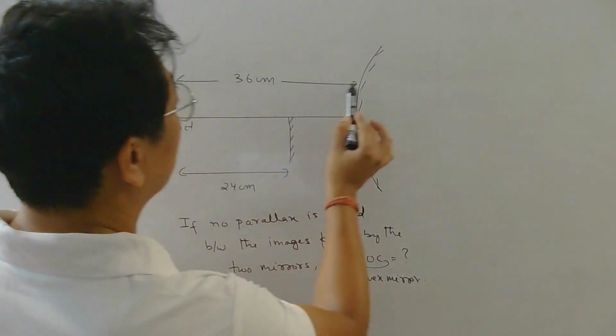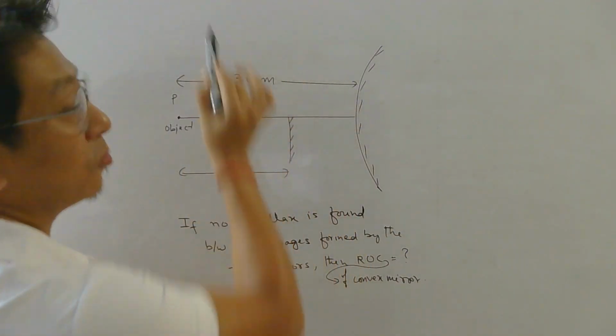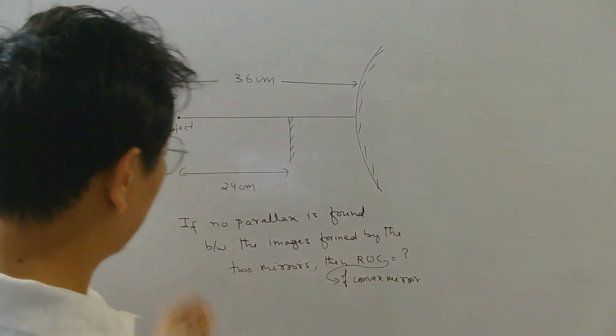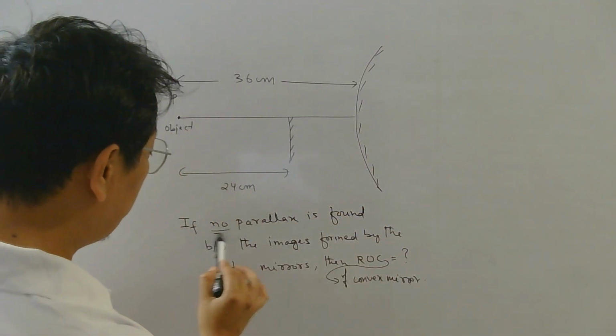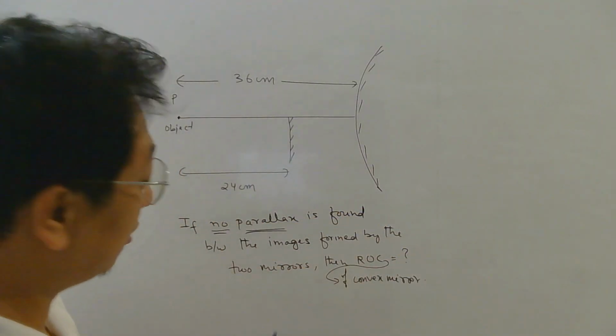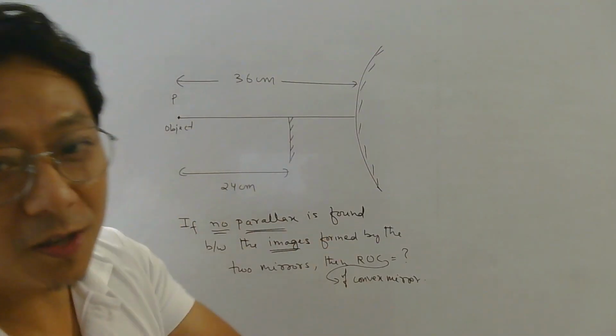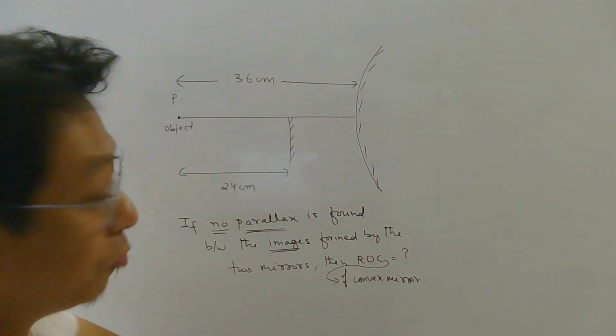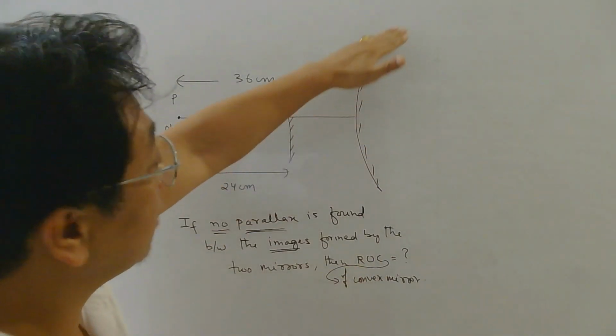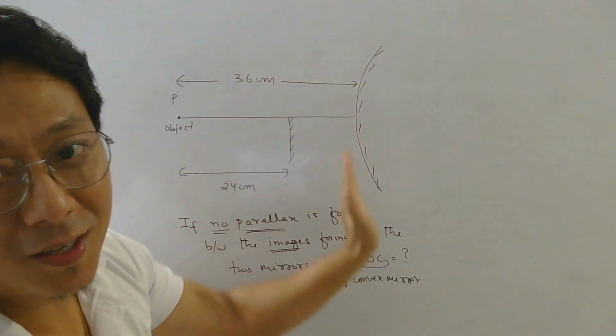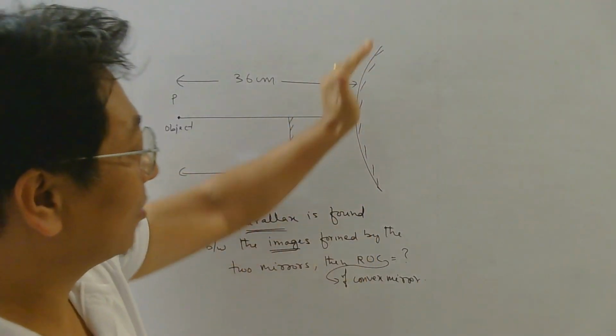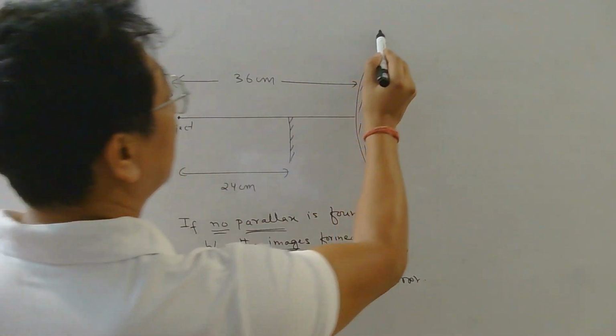And some light will go this way, that will form an image due to the convex mirror. Now the question says, if no parallax is found between the virtual images formed by the two mirrors, then we have to find the radius of curvature of this spherical mirror, the convex mirror. Obviously first we have to find the focal length.